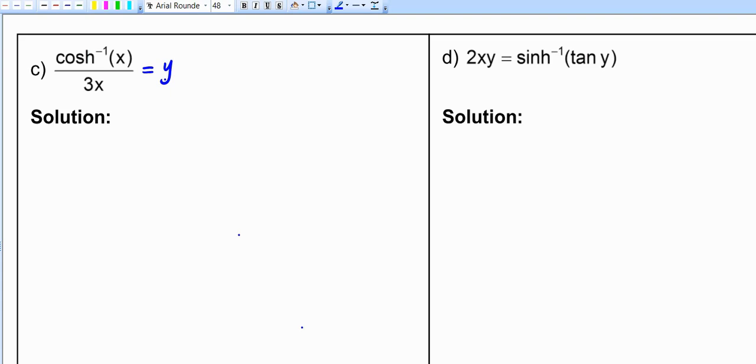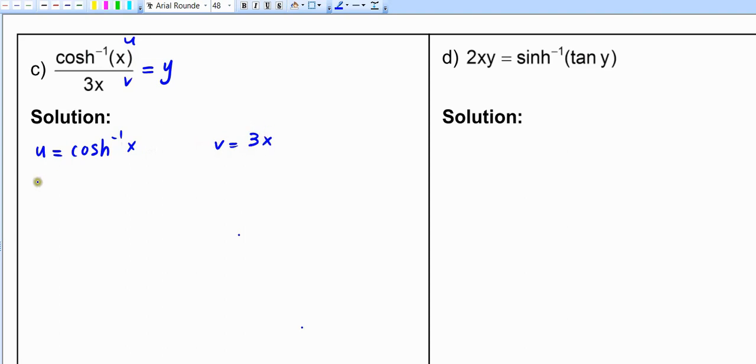Do we need the product rule? No, because we don't have a product of functions here. Do we need the quotient rule? Yes, because we have u over v. So u equals inverse hyperbolic cos x, and v equals 3x.